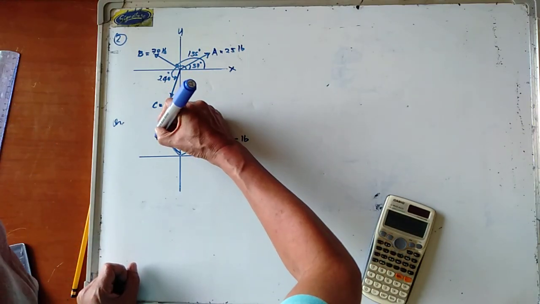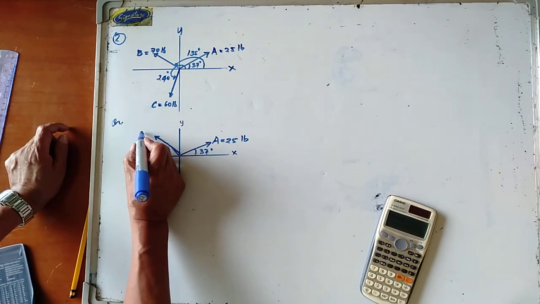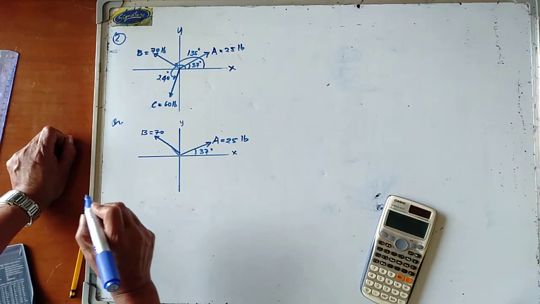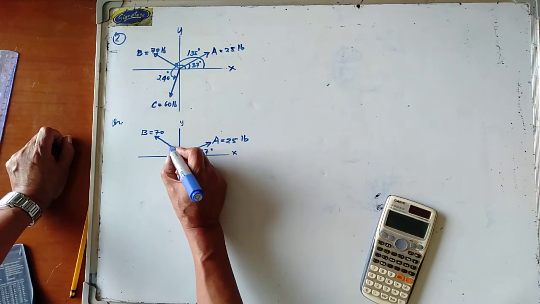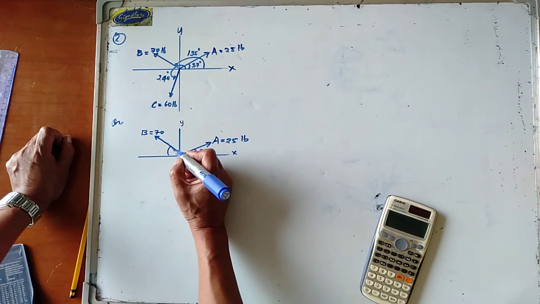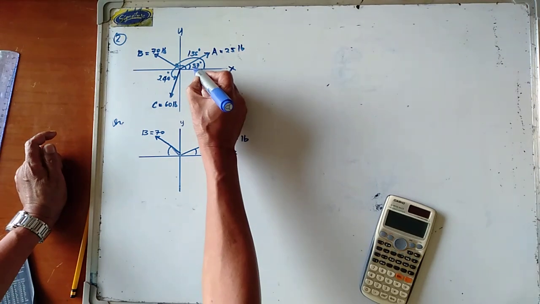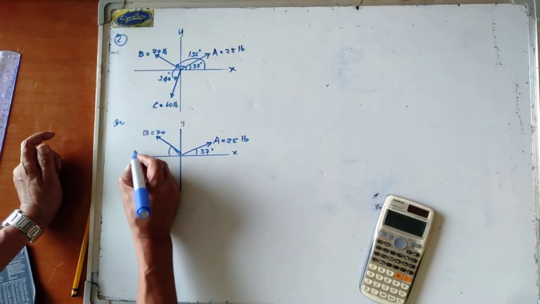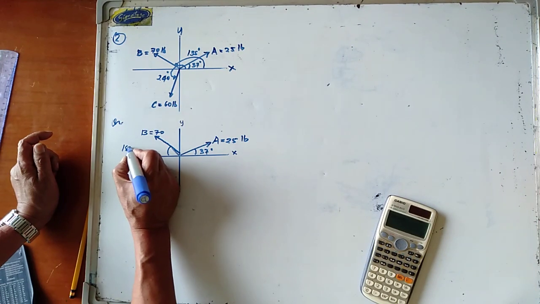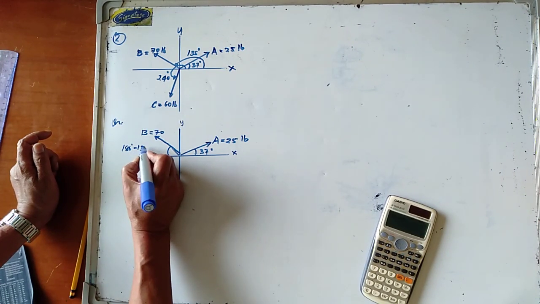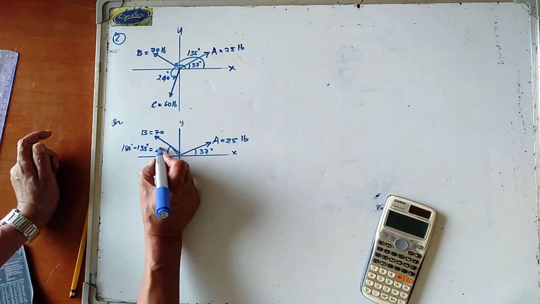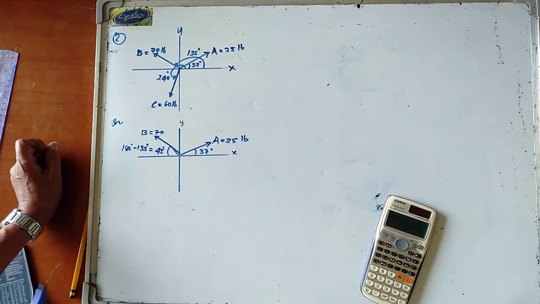Force B is 70 pounds, and this angle in here is 180 degrees minus 135 degrees, or 45 degrees.